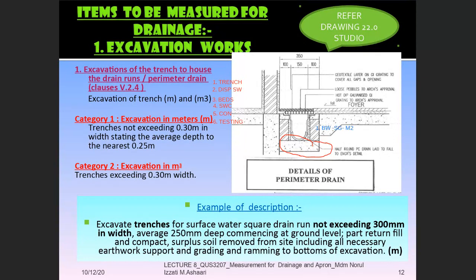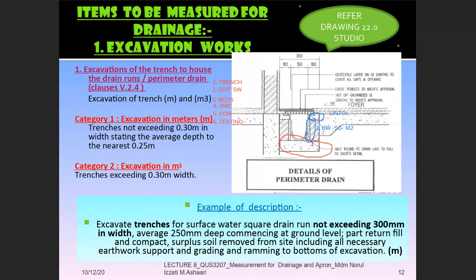What is this one? This is plastering, right? So you have to measure plastering. That is item number 2, additional item. And then you can also see here, what is this? This is lintel. This lintel is used to receive the placement of the grating.